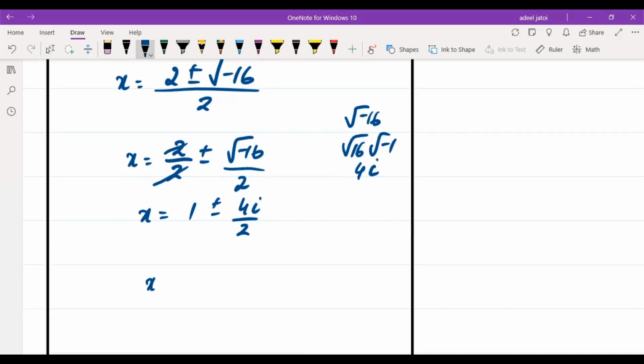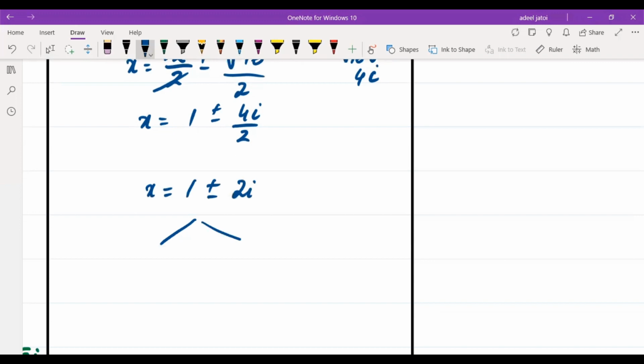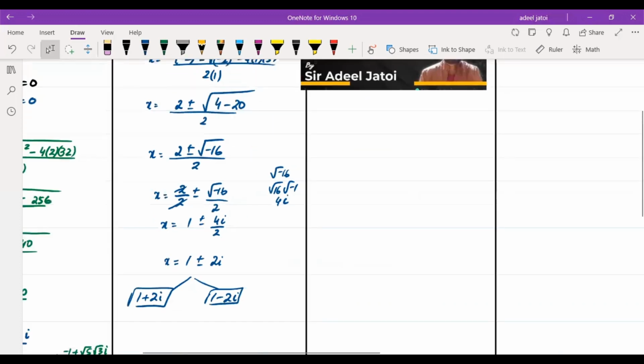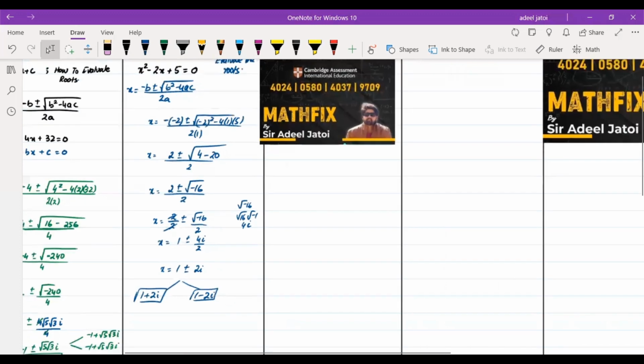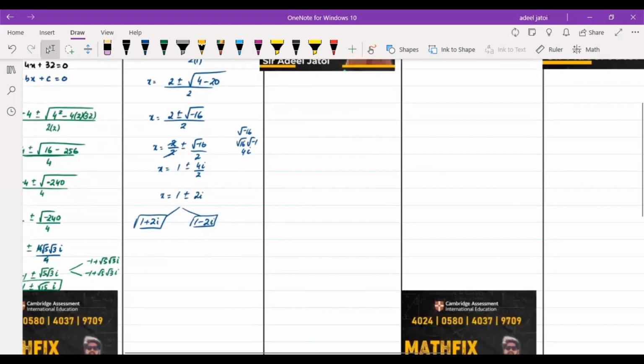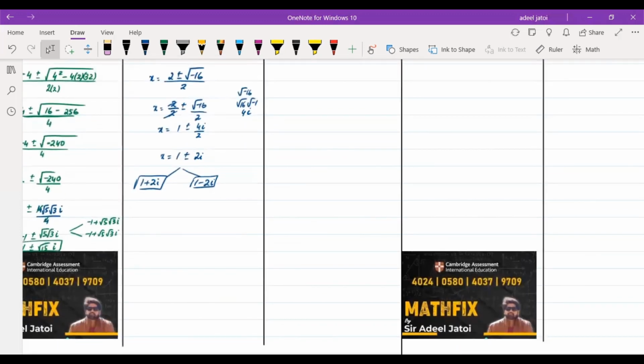So the end result that we will have is 1 plus minus 2 iota. That means you will have two different roots, 1 plus 2 iota and 1 minus 2 iota, as the answer for this particular question. So we use the quadratic formula to find the roots, using the complex number iota in it.